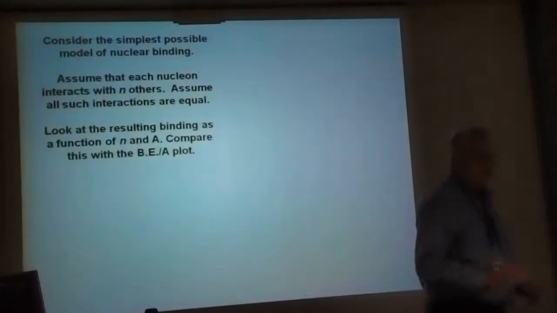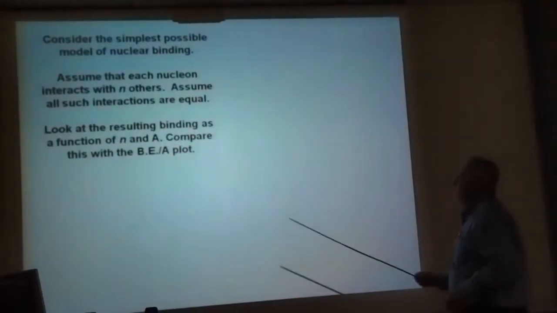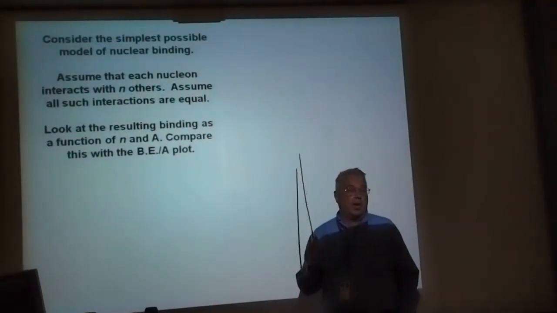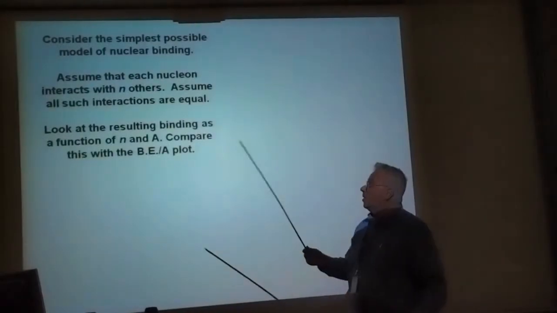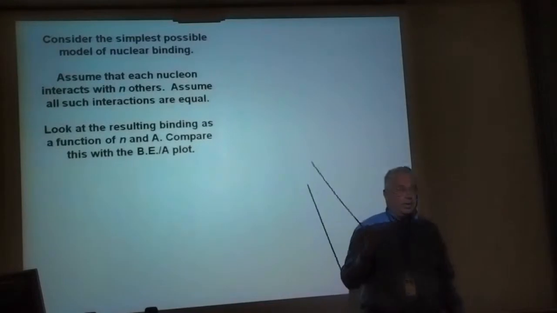I'm going to make the most crude, silly, simple model you can imagine and see what it tells us about the nuclear force. I'm going to show a table over here which will look a little complicated, so I'm going to go through it slowly. Let's assume that each nucleon interacts with n other nucleons.